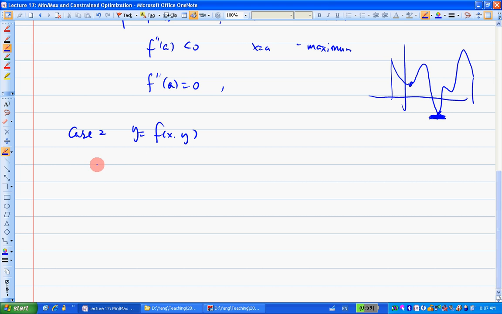If you do this one here, at x naught, y naught point, the Taylor series is f of x, y equal to f of x naught, y naught, plus f_x times (x minus x naught).